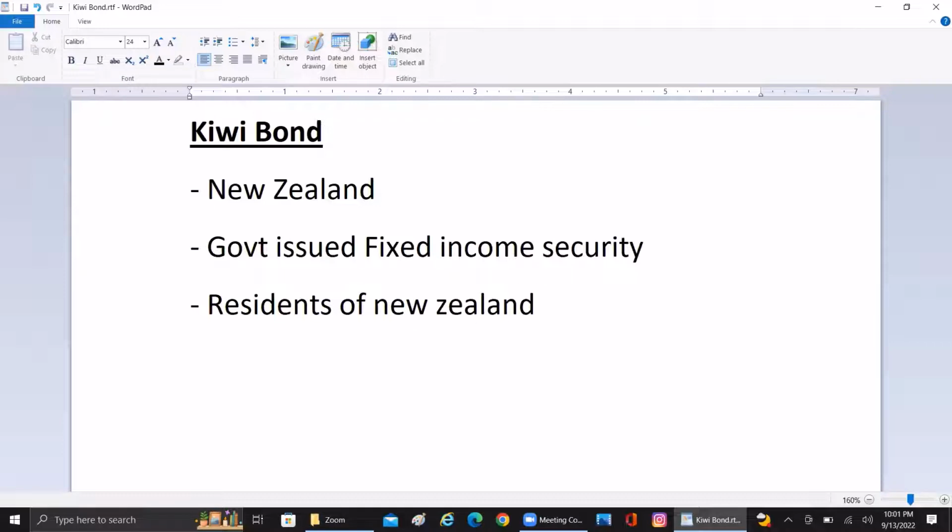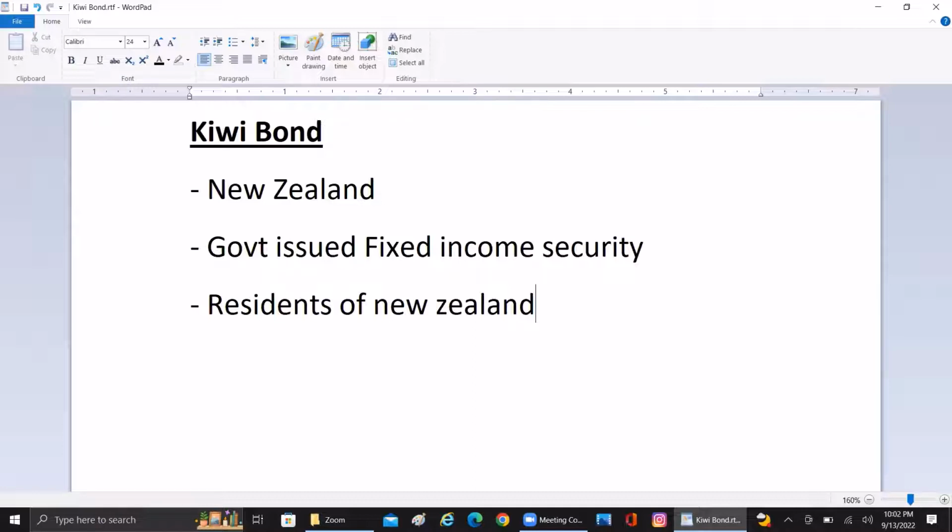And there is a special consideration: though you are a New Zealander, if you are residing outside New Zealand, then you are not allowed to invest in this Kiwi bond. As a kind of endearment, as a kind of love and affection they have for the Kiwi bird, this bond has been named Kiwi bond.